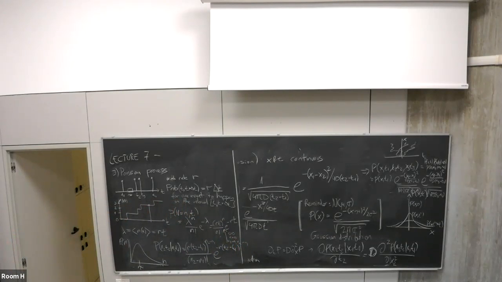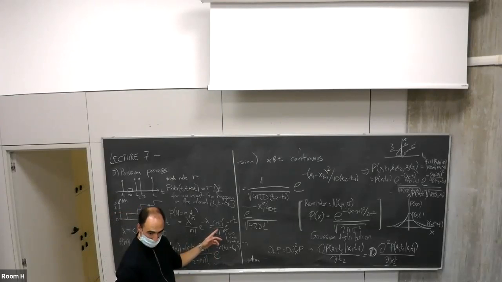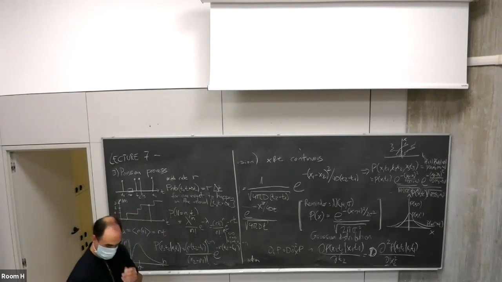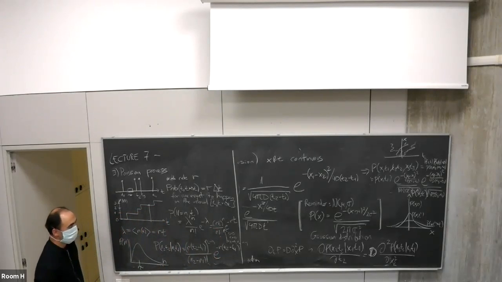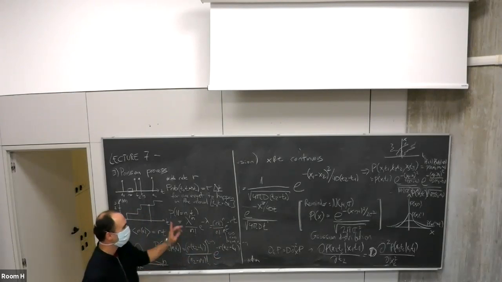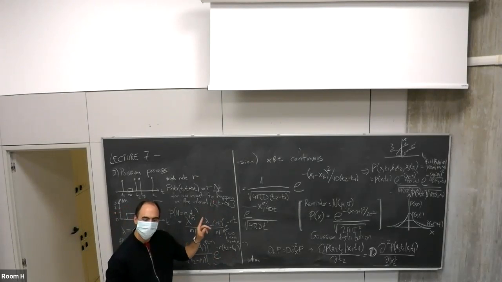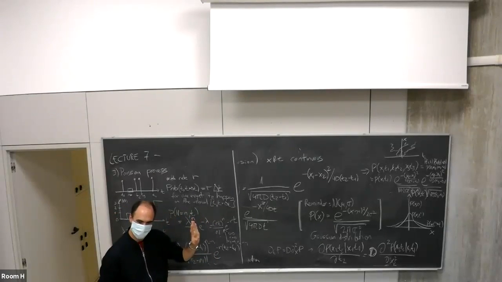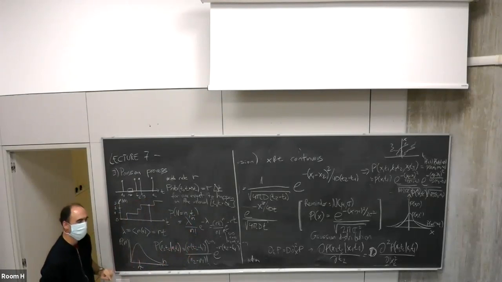I will find this formula, on the power n over n factorial. This one? Yes, and the previous. This is something I can give you as homework. It's a very good exercise. You can think about it, and the next day we can discuss. It is not so difficult.